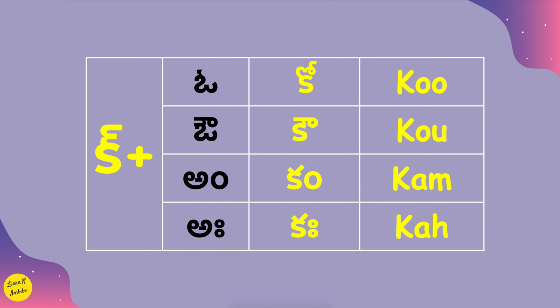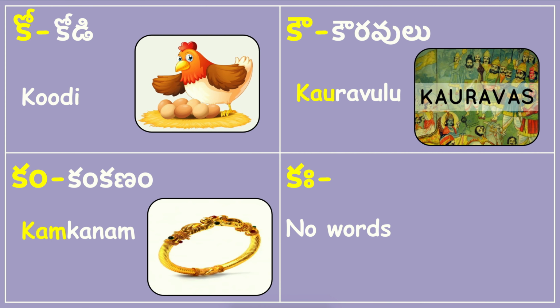I plus au, kau. Kam. Kaha. Kodi, which is a hen.